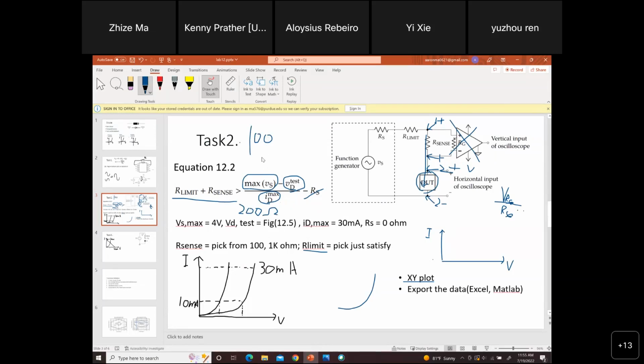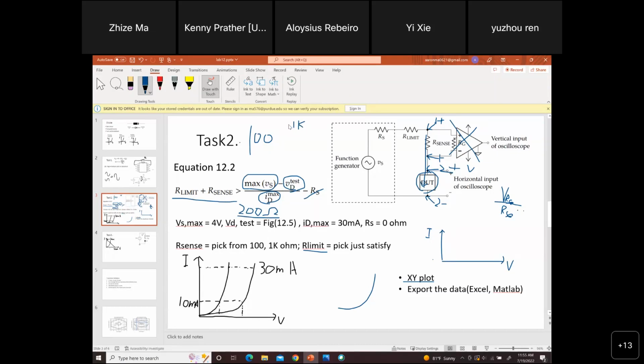Then you pick your R limit. If you put R limit as 1K, theoretically that still works for this equation, because 1K plus 100 is 1.1K, which is greater than 200. But you will limit the current too much. You will never see the whole plot.